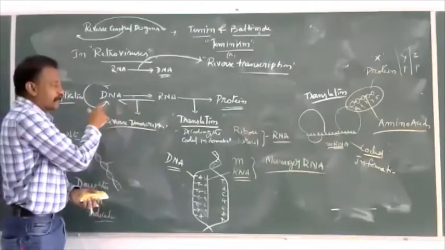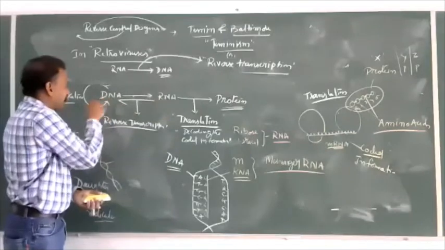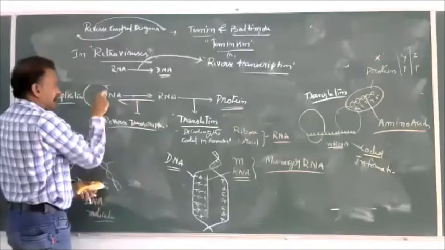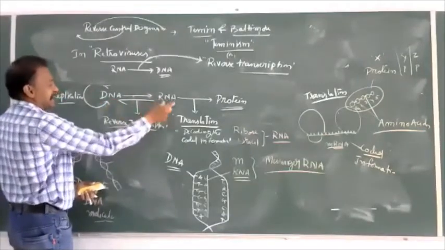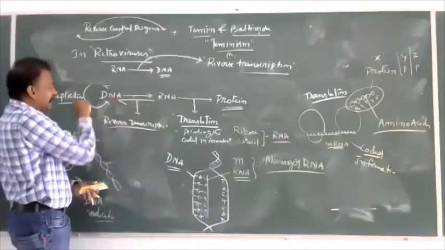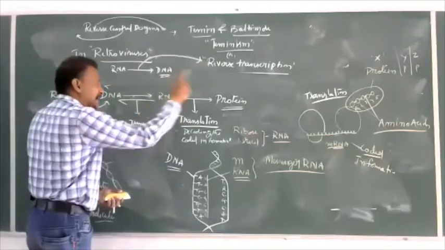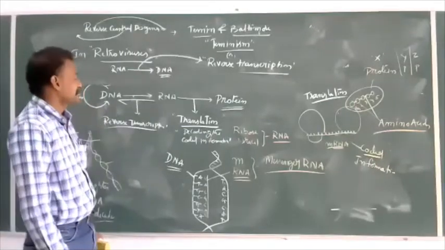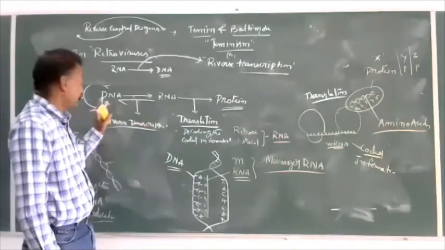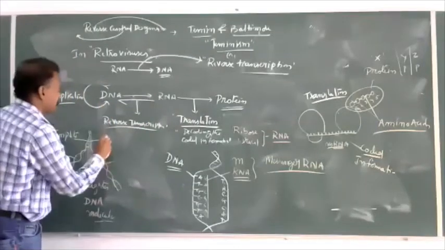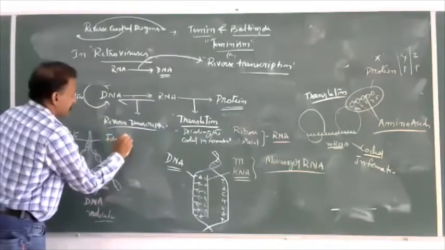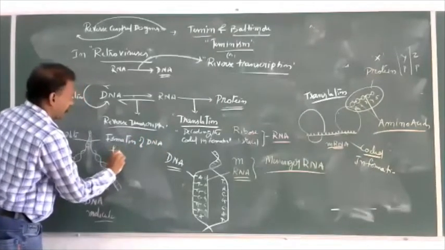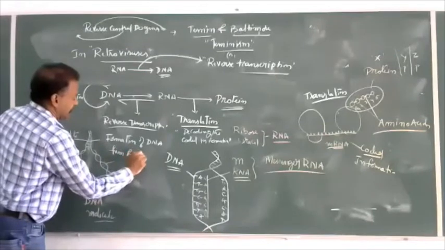We are able to design it like this: DNA replication, RNA and proteins. RNA produces DNA, and DNA undergoes replication, can produce RNA and again. So reverse transcription is the process of formation of DNA from RNA.